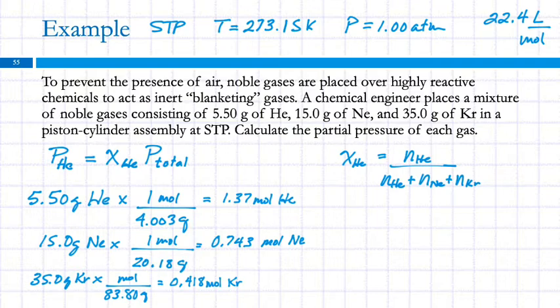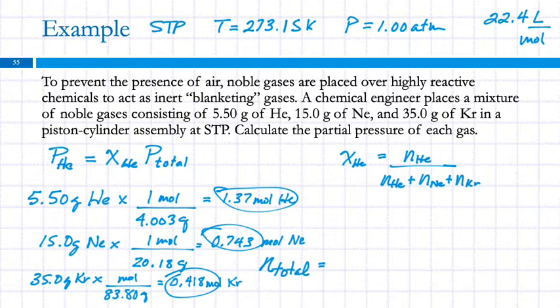If I add these together, my total number of moles is 1.37 plus 0.743 plus 0.418, 2.531. So the total number of moles is the sum of the individuals.